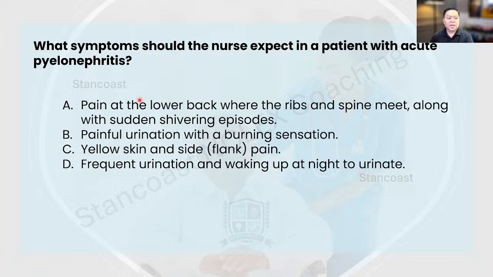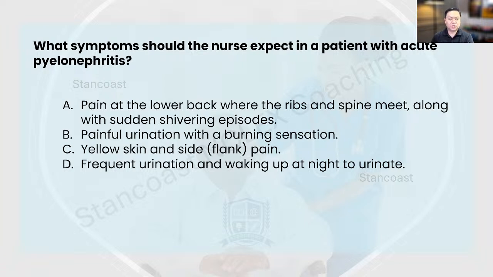Now, A, pain at the lower back where the ribs and spine meet, along with the sudden shivering episode. Well, that is a possible answer. It's because the infection itself is severe, it's sudden, and it typically would present a much more specific manifestation in the costovertebral angle, in the flank area. And this is where the ribs and the spine meet.